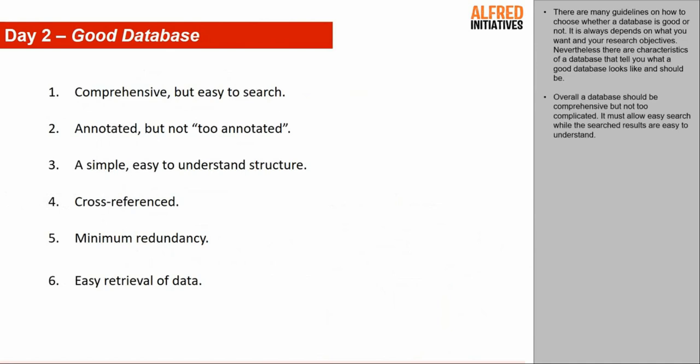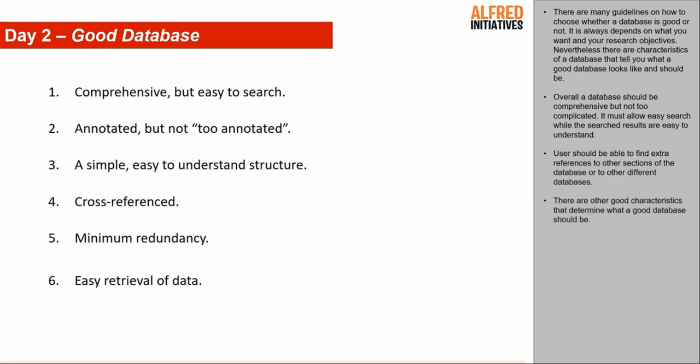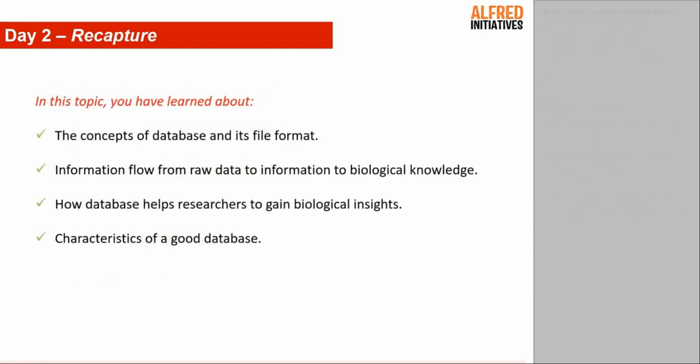Overall, a database should be comprehensive but not too complicated. It must allow easy search while the search results are easy to understand. Users should be able to find extra references to other sections of the database or to other different databases. There are other good characteristics that determine what a good database should be. You may find out from other sources hereafter.